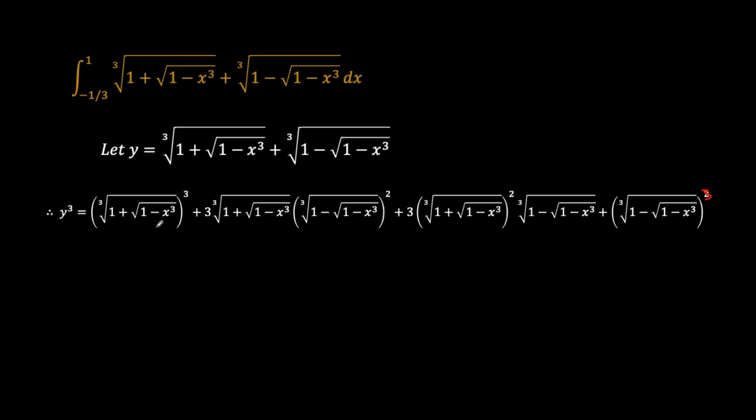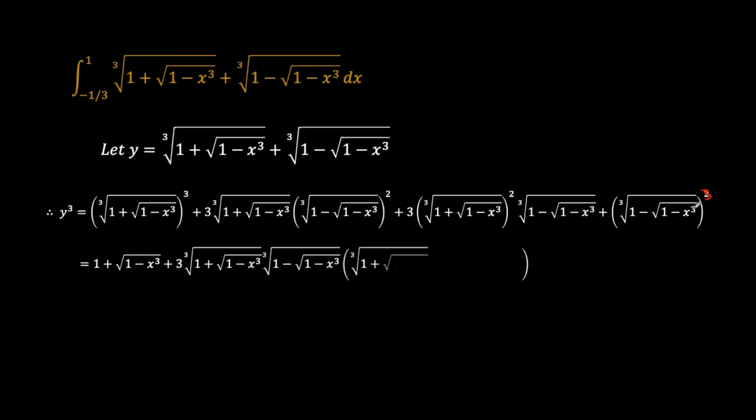So what this results to is the power 3 here negates the cube root sign on the first and the last term here, such that when you look at this, this term here is equivalent to this term, but the signs are opposite, so this and that would cancel out.